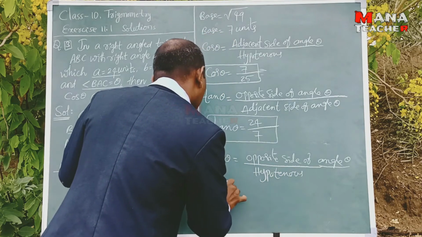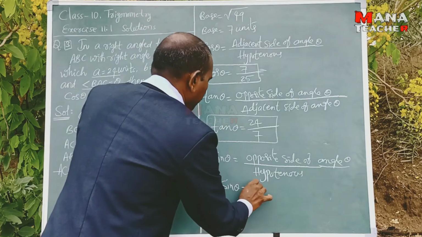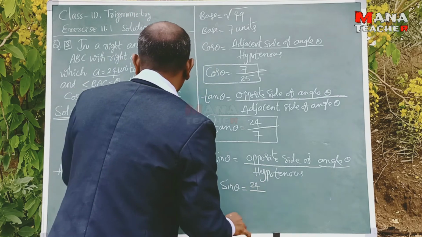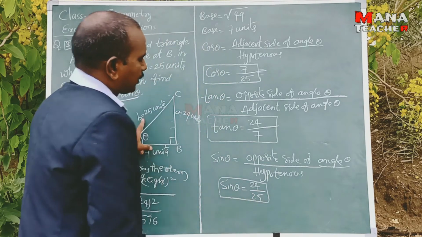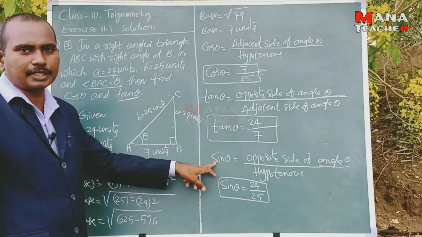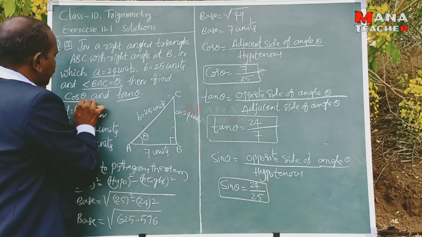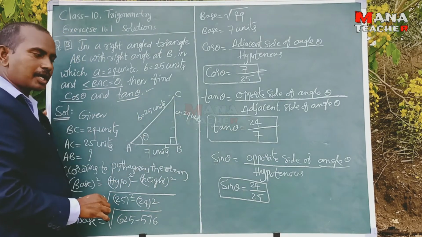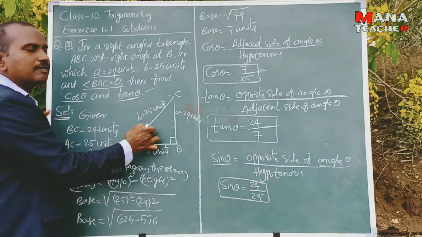So, sin theta equals 24 by 25. Actually, sin theta is not given in the problem, only cos theta and tan theta are given, but again you can find out sin theta also from the given figure.